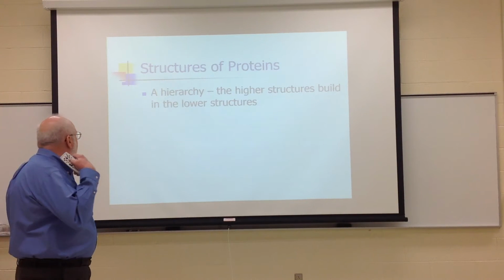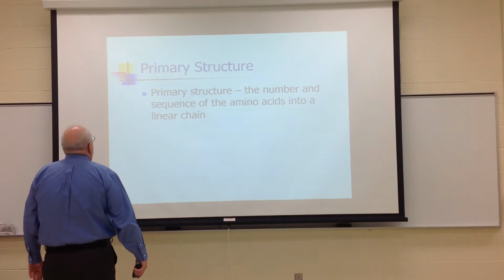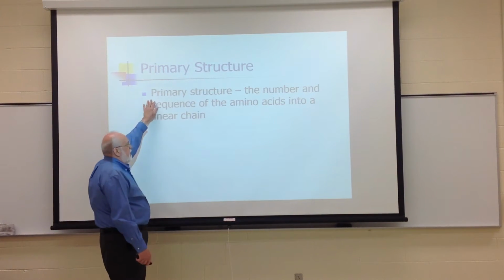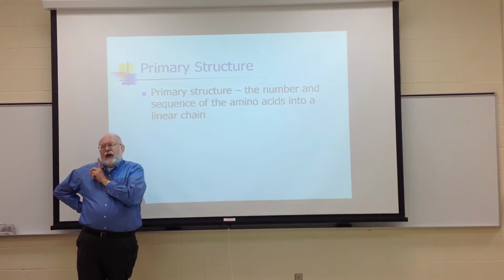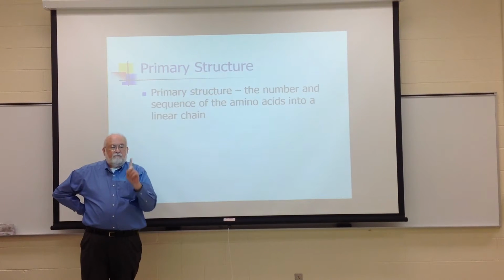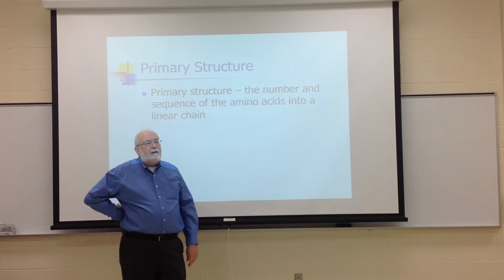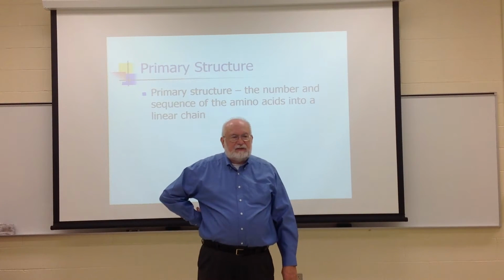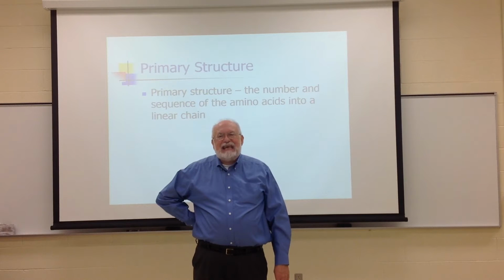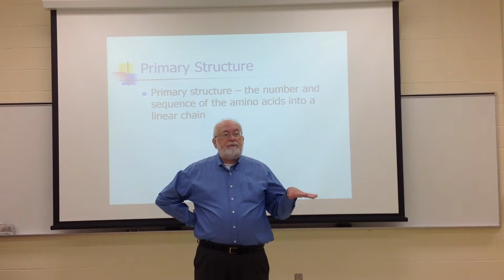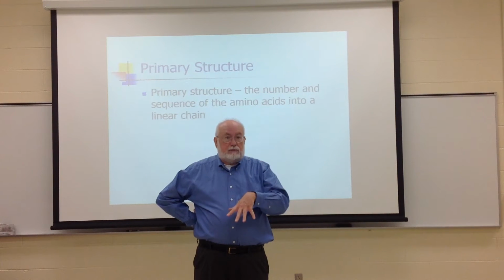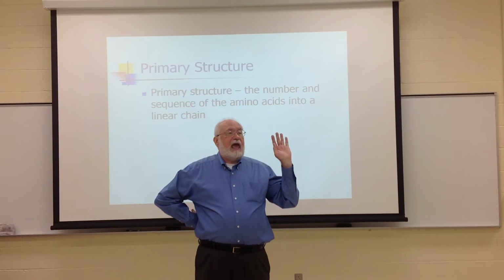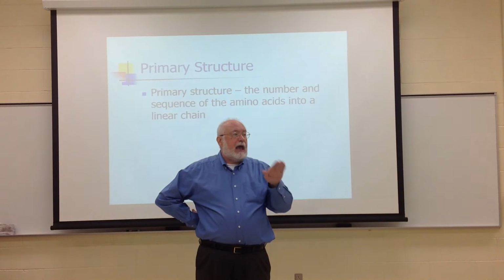So let's start at the base, and that is the primary structure. Here's what it means. It refers to the number and sequence of amino acids. For any peptide, polypeptide, or protein, it's going to have a set number of amino acids, and they're going to have to come in a specific order.